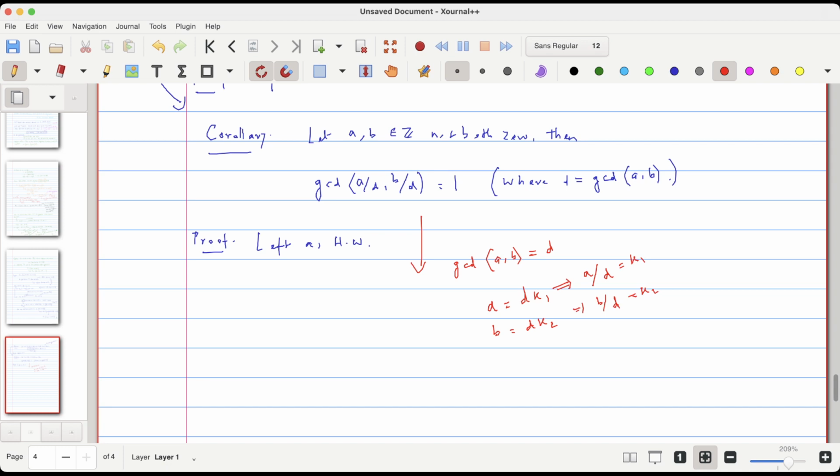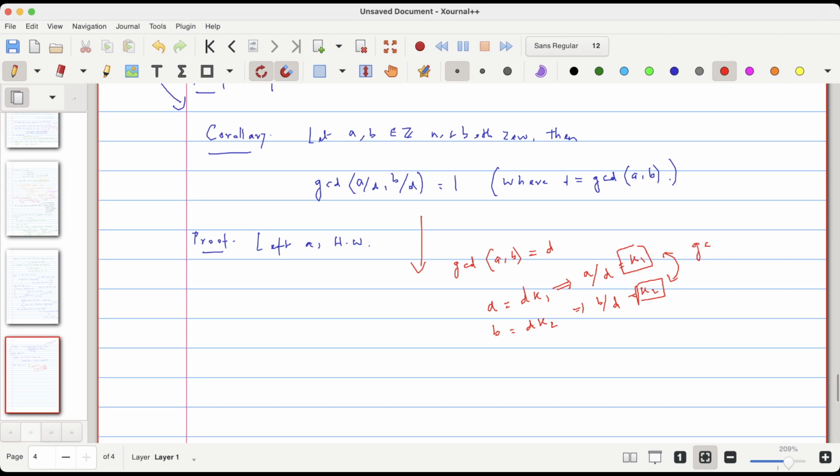Now D is the only common divisor of A and B which has the largest magnitude, right? So k1 and k2 can never be common divisors of A and B, right?